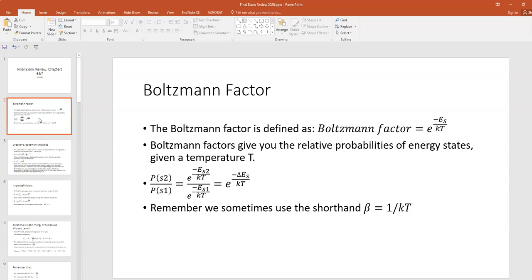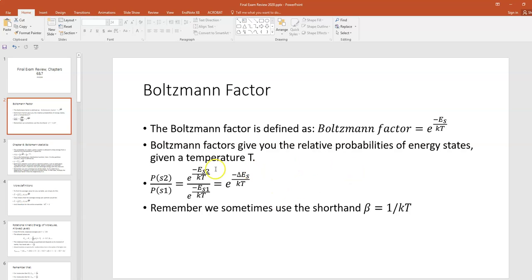And when you take those ratios, then what you end up with in your exponent is the difference in energy in between those states. Now, of course, if there's a degeneracy to those energy states, then what you would do is out front, you would multiply the degeneracy of the state times the Boltzmann factor before taking this ratio. So this little expression here just assumes that neither of the states are degenerate, okay?